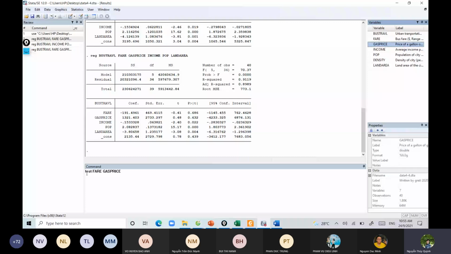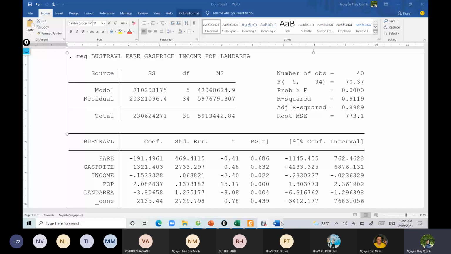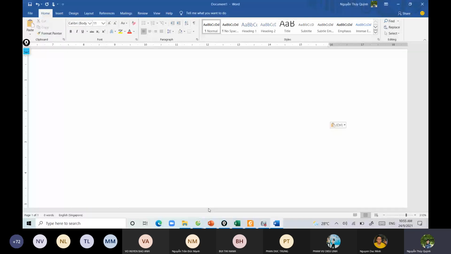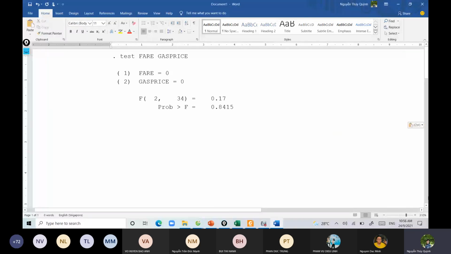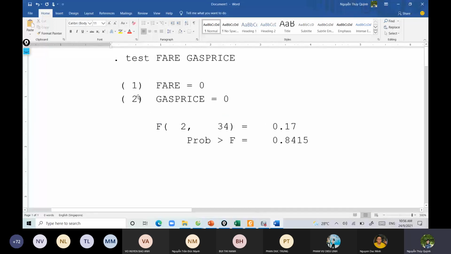Then you will get the result here, test fare and gas price. We have two restrictions here: the coefficient on fare is equal to 0, and the coefficient on gas price is also equal to 0.